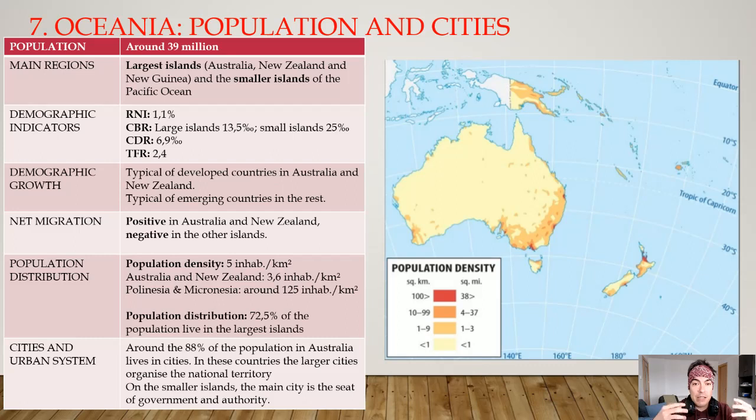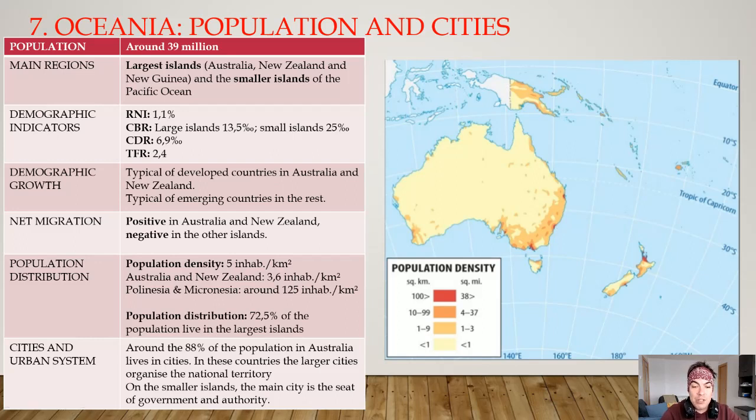So that means that the population density rises a lot, and that is why its value is so high. The 72.5% of the population live in the largest islands in Australia and New Zealand, and the rest lives in the smaller ones. Around 88% of the population in Australia lives in the cities here on the southeast, such as Sydney, Canberra, or Melbourne.